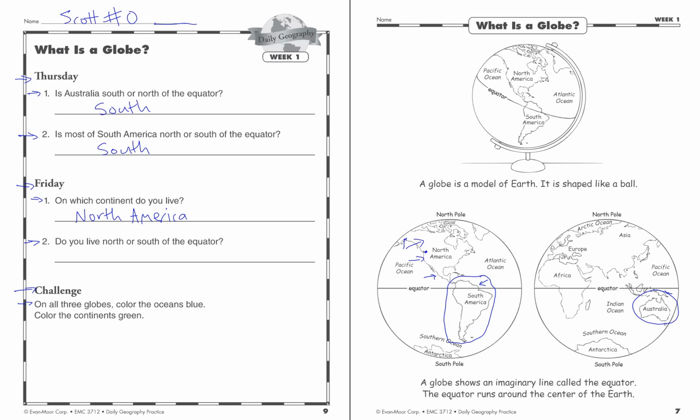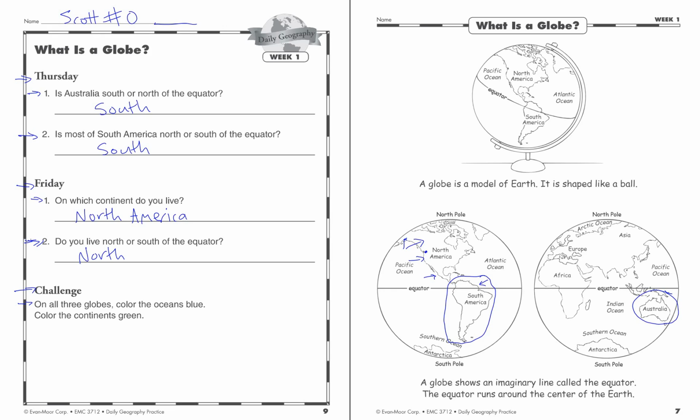So the land mass itself is North America, and then we've divided that up into countries and states and things like that. Number 2 on Friday says, do you live north or south of the equator? Well, we live north of the equator because it's North America, right?